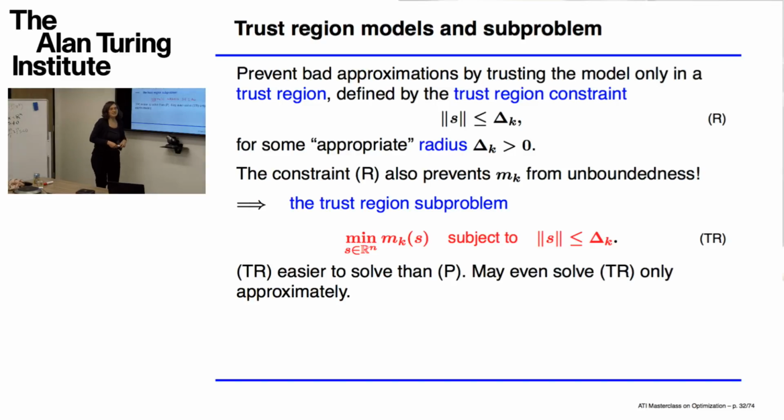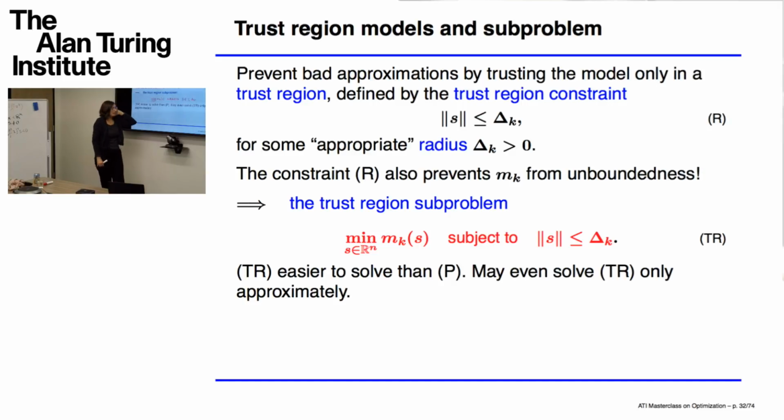Now, what is the advantage of this? Well, this is a compact set. It's a bounded closed set. And this is a continuous model. So this will always have a global minimizer that will give me descent in the model. So I can always minimize this model because of this constraint.